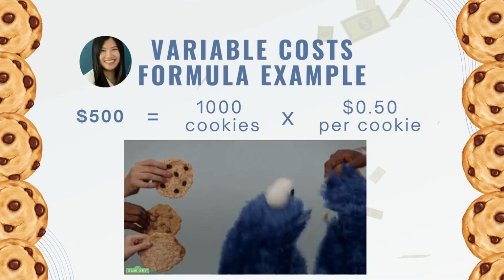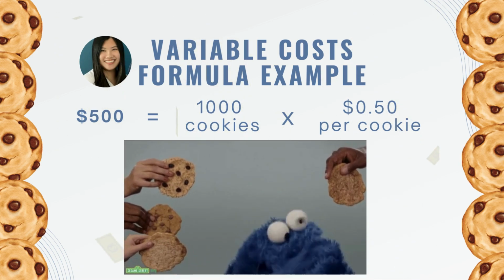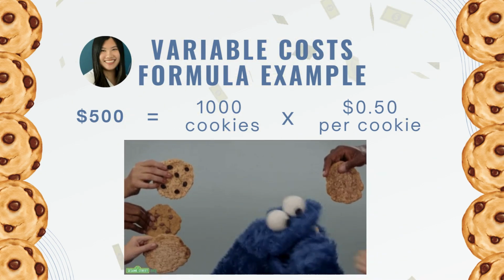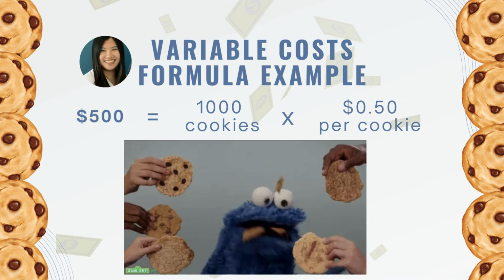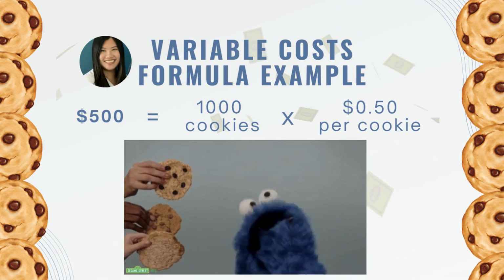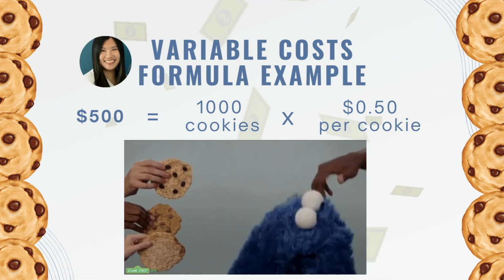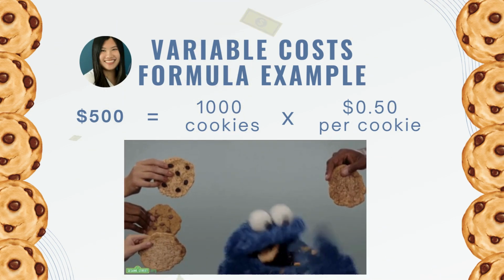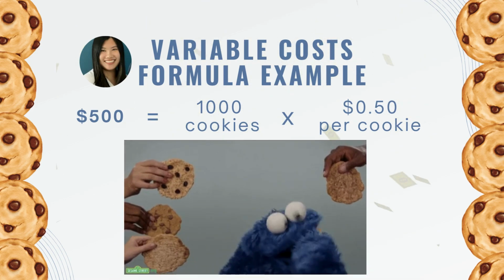Let's give a variable cost formula example. Let's say a bakery makes cookies. The cost of ingredients, flour, sugar, chocolate chips, per cookie is 50 cents. This is the variable cost per unit. If the bakery produces 1,000 cookies, the quantity of output would be 1,000 cookies, and the variable cost per unit of output would be 50 cents per cookie.